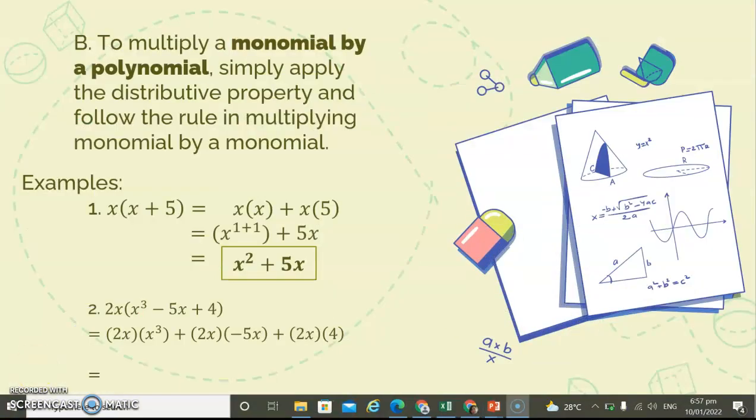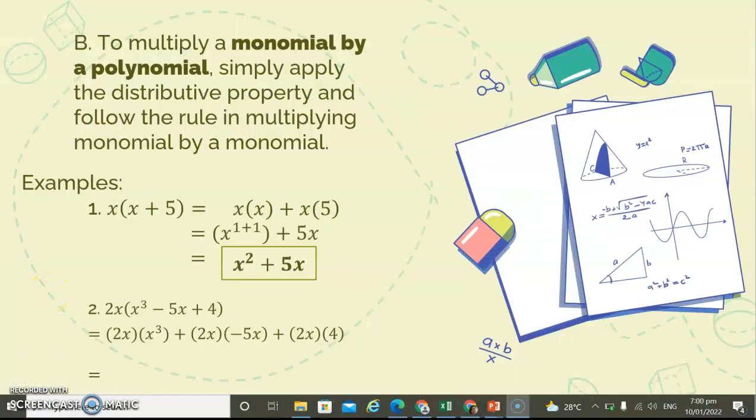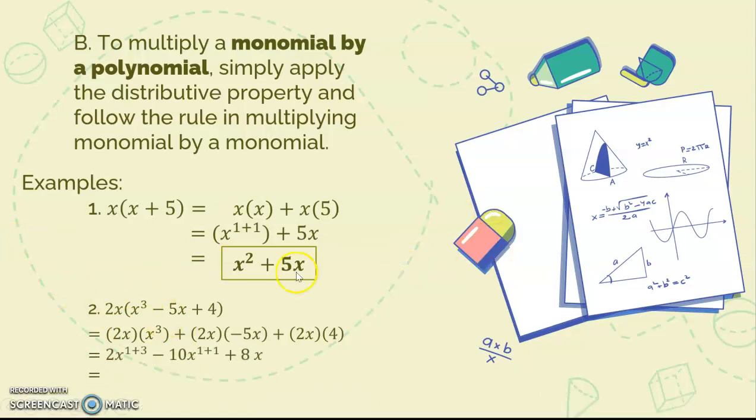Okay, so when we distribute, we have 2x times x cubed, then plus 2x times negative 5x, and then plus 2x times 4. So let us simplify. We have 2x times x cubed.